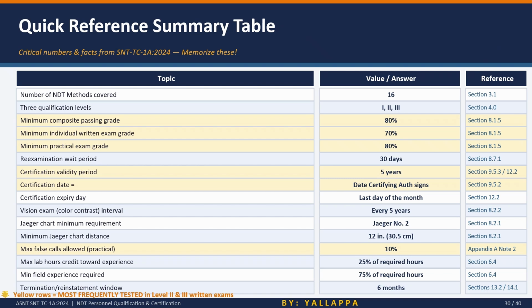This slide contains some of the most important numbers from SNT-TC-1A. You should revise these repeatedly before examinations.